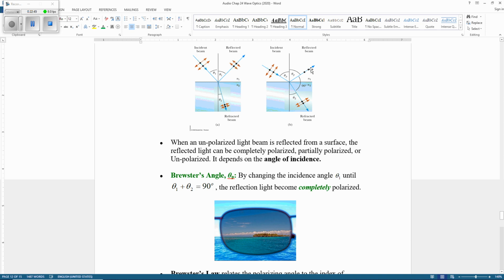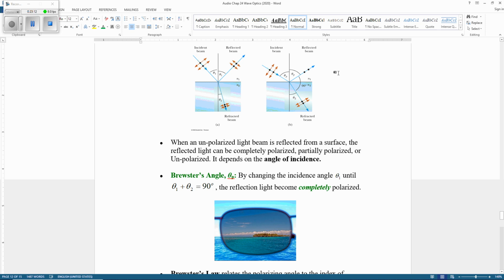This one and that one means the electric field goes in and out of the paper. So at that special angle, the reflected light becomes polarized. So that's polarization by reflection. Very interesting. In the next lab, we're also going to check this.